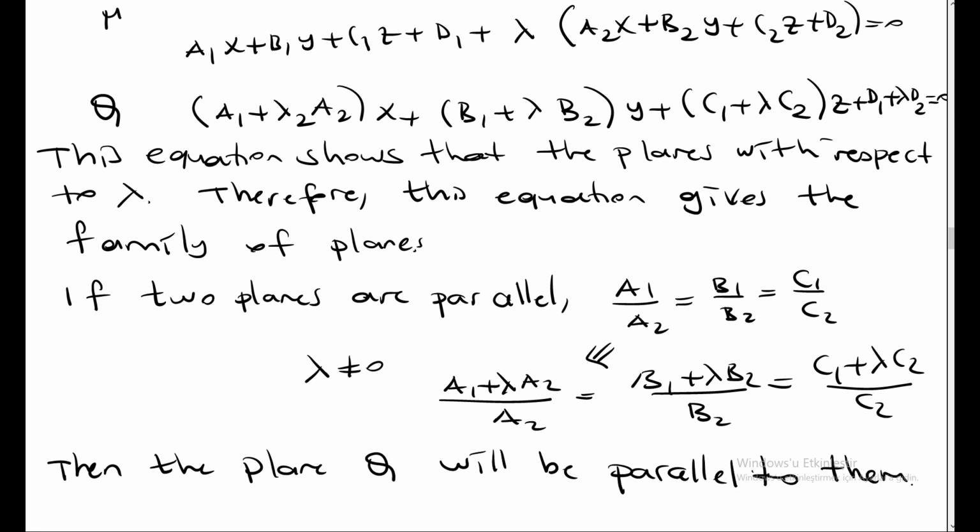So if in the beginning they are parallel planes, then if you find the family with respect to lambda, of course, then this last plane also will be parallel to the beginning planes.